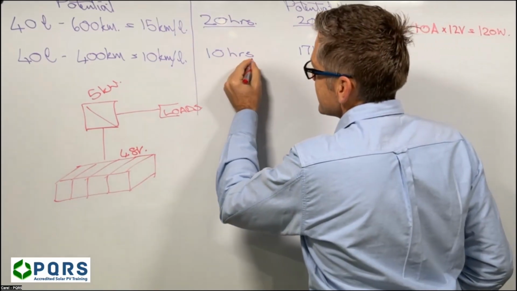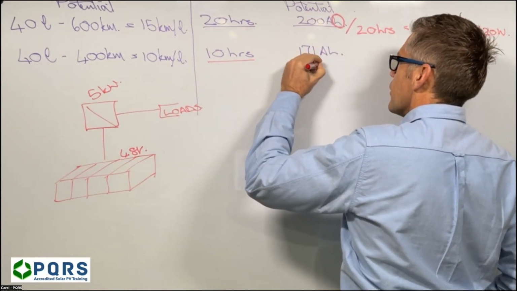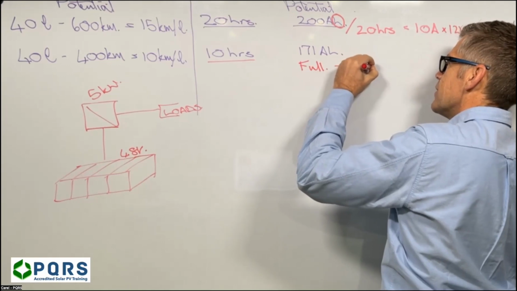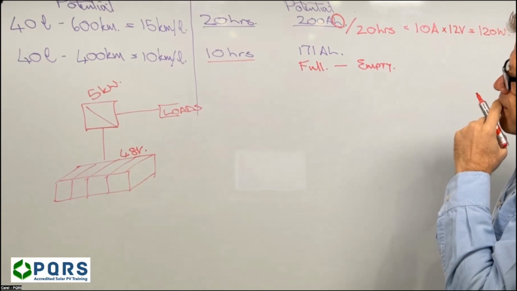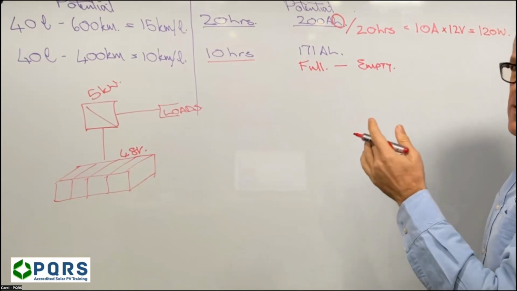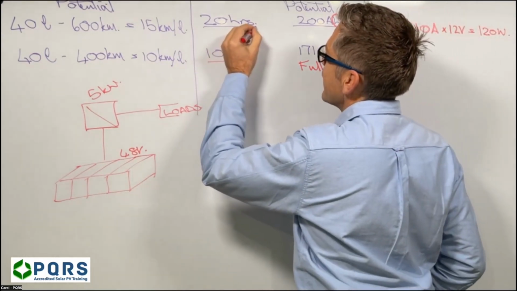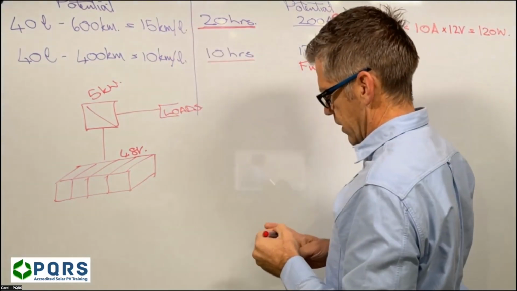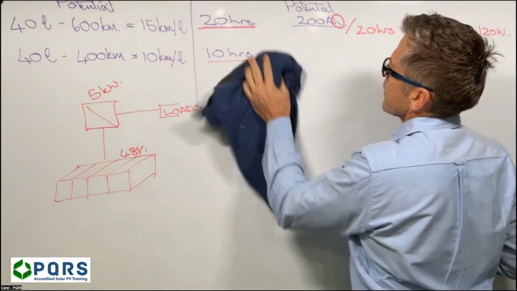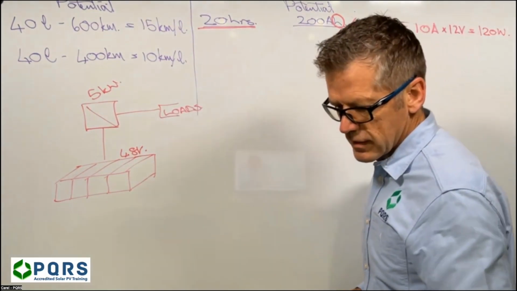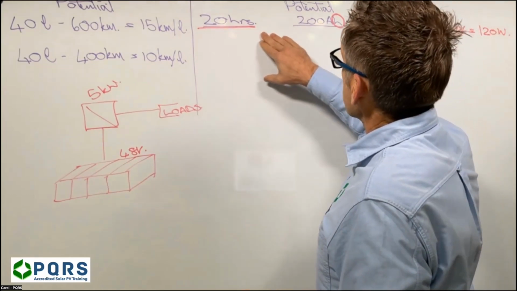But this is 10 hours from completely fully charged to completely empty. So if we wanted the battery to be discharged down to 50%, theoretically, we can't work on anything smaller than the 20-hour rating. So let's disregard the 10-hour rating because that's in an off-grid installation, that's not going to be applicable. So we want to discharge for 20.